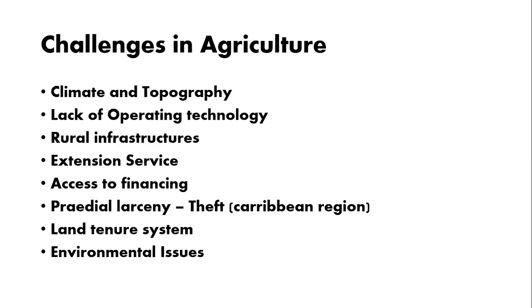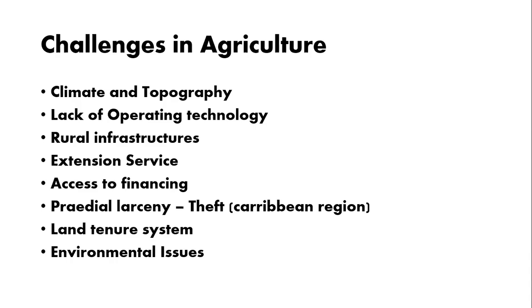The next reason is not unique to the Sri Lankan scenario, but Sri Lanka has wild animal attacks, maybe wild pigs, peacocks, and monkeys. They highly destroy agricultural production. It's a big challenge.